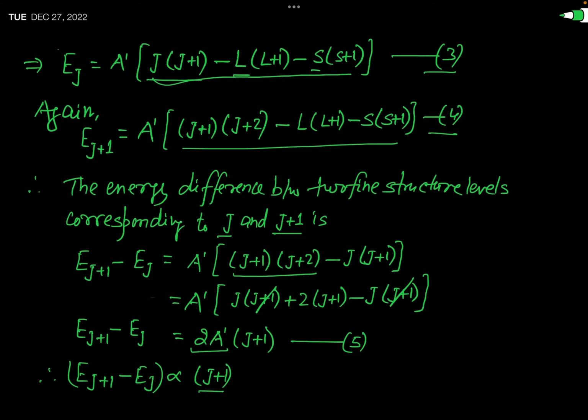From this law you can easily say that the larger of the two J values is involved. Actually, this is known as the Landé interval rule. This result obtained here is known as the Landé interval rule.